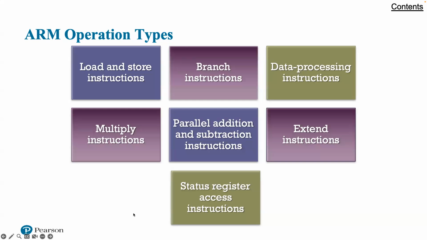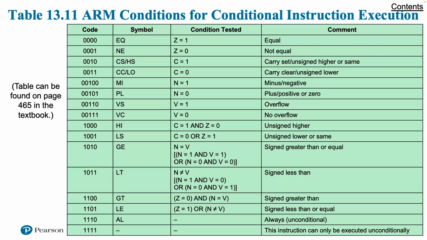Although there are some things that are moving into that middle ground where, say, maybe we need to have some of that capability, and that's possible. So load and store, branching, data processing, multiply instructions, parallel additions, status register access instructions, and also having some extended instructions. Those are all within the realm of what's in an ARM processor.